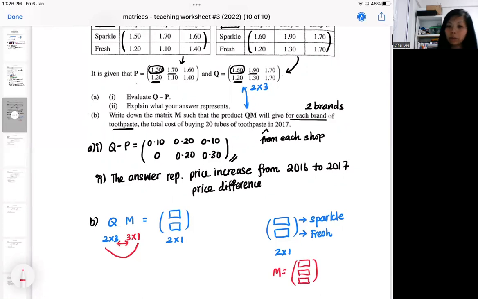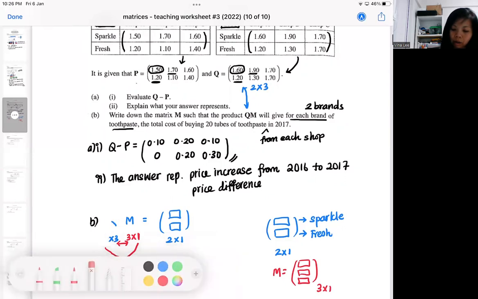So this is how a 3 times 1 matrix looks like. What should be the information of the 3 times 1? You need to think about it.